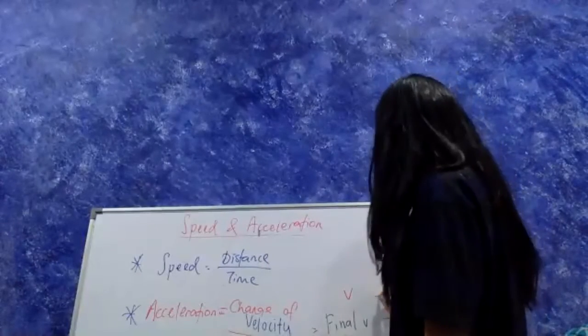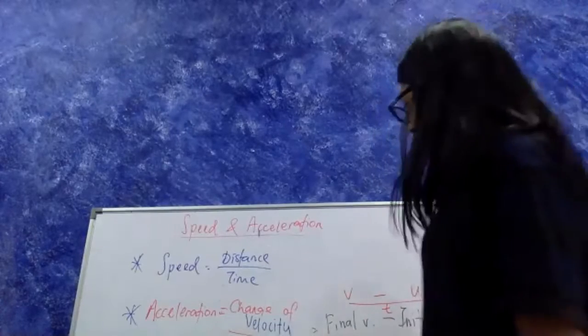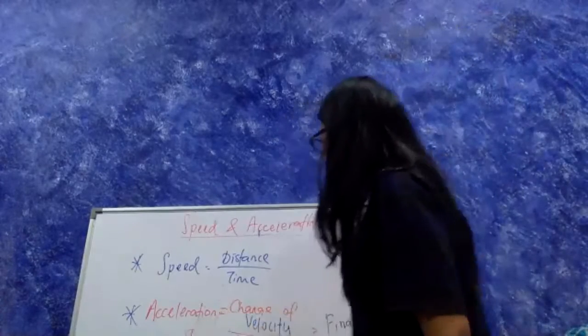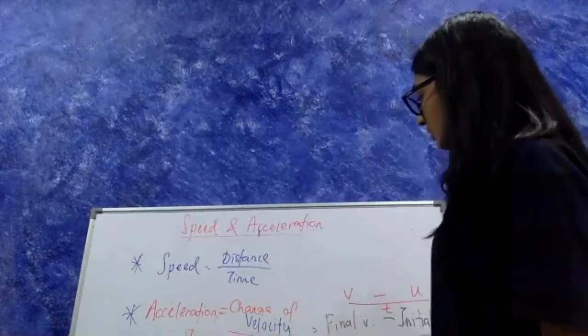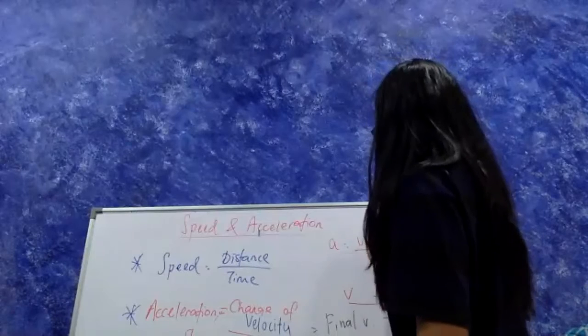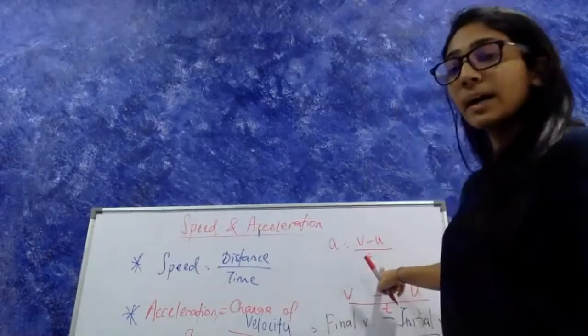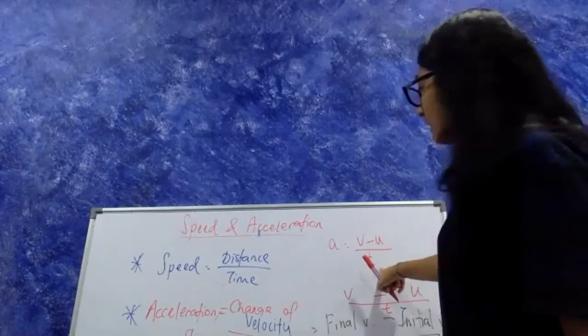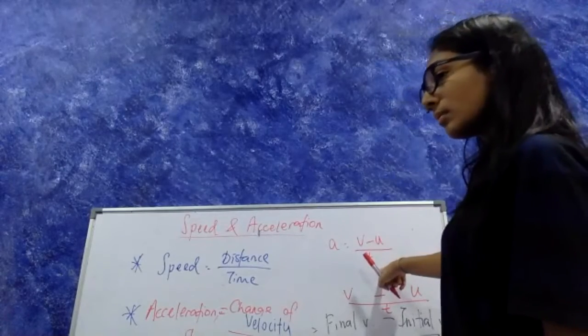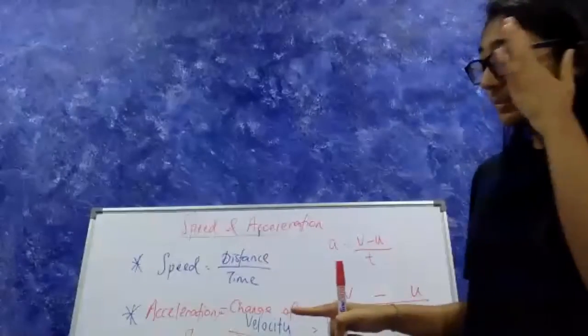So v minus u over time, which will be t, and acceleration we use a. Which means acceleration equals v minus u over t, final minus initial divided by t. Okay, so final velocity minus initial velocity.